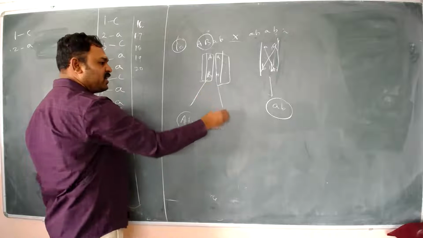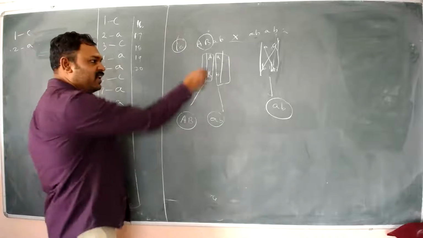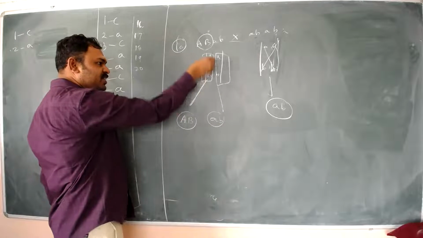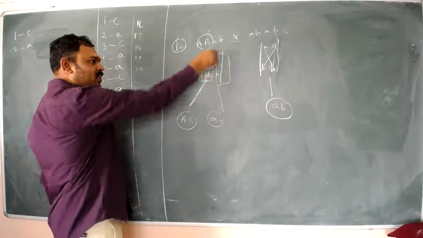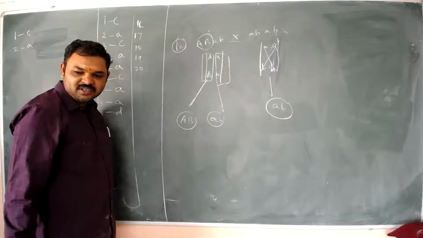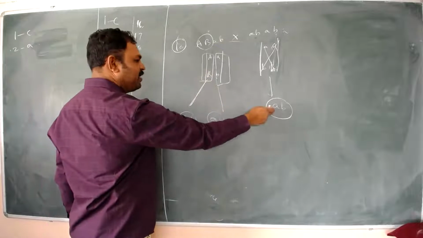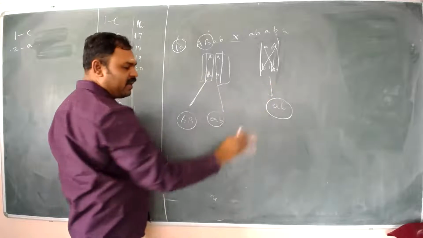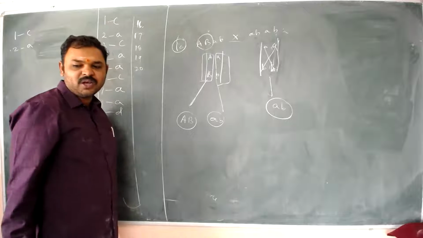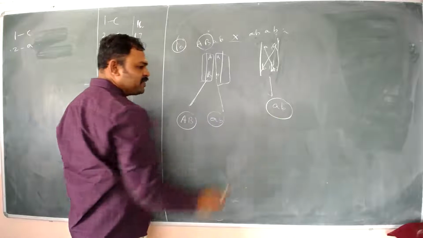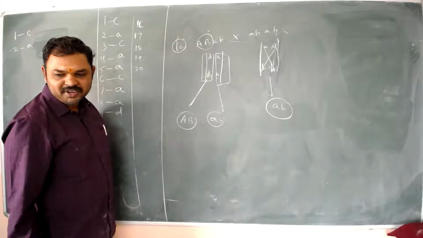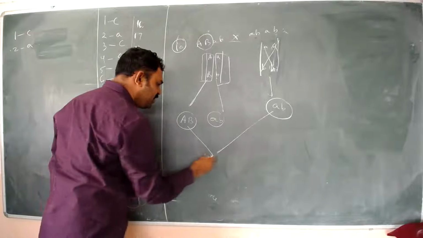There are two kinds of gametes, but here, since the AB genes are linked, they come to the gamete without exchange. Sperms are only one type, or any one gamete, whether mother plant or father plant. There is no criterion in reciprocal crosses. Here only one type of gamete will come.